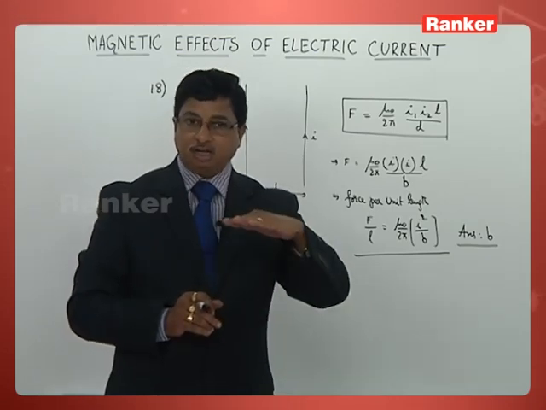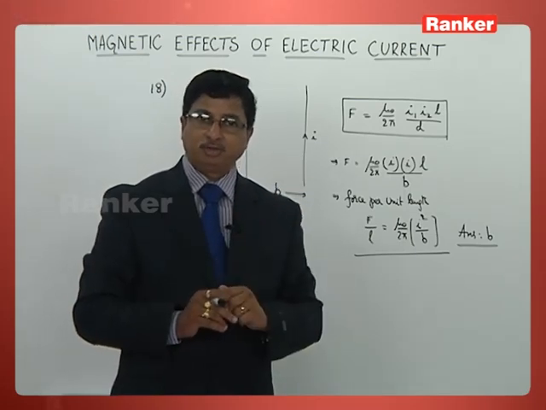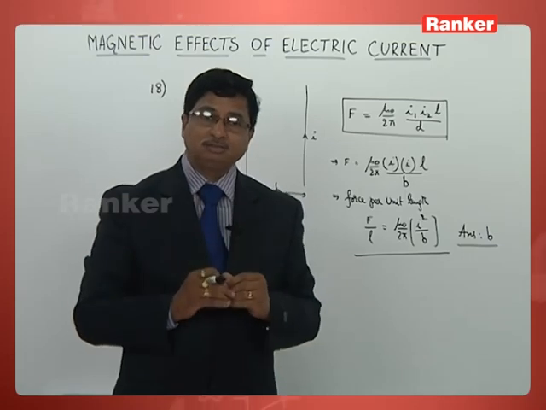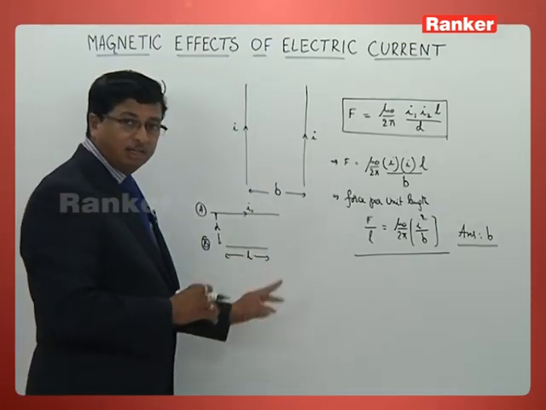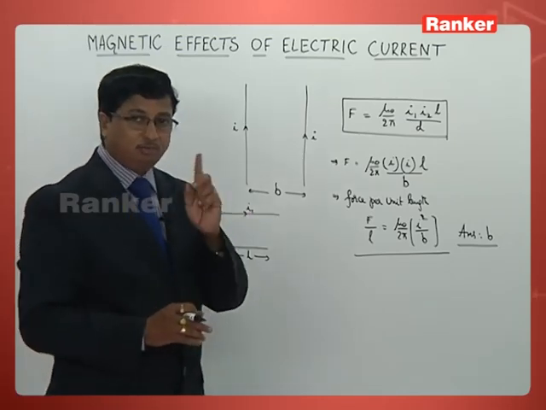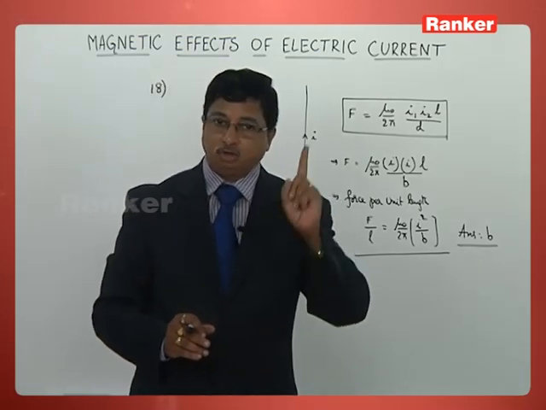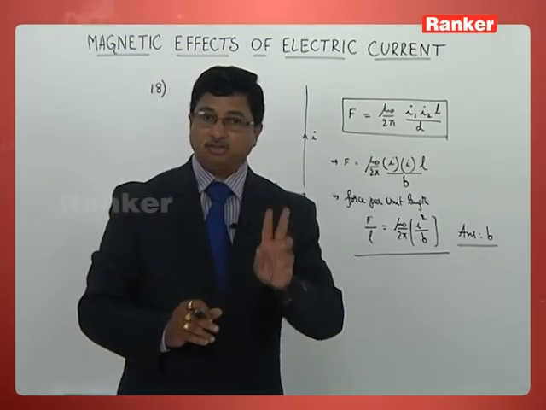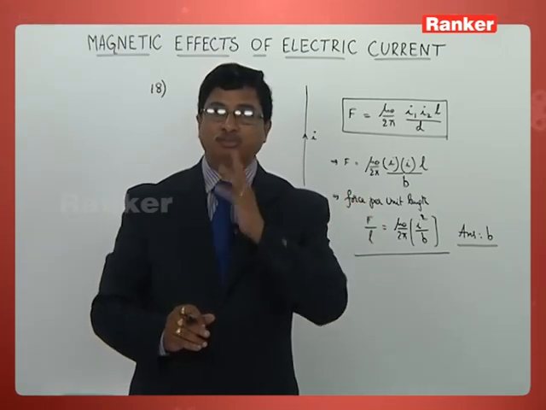The second conductor, when it is carrying some current, it is observed that the second conductor of length L is in equilibrium. Then 2 things he will ask you. 1, what is the magnitude of current that is passing through B? And second, what is the direction in which the current is passing there?